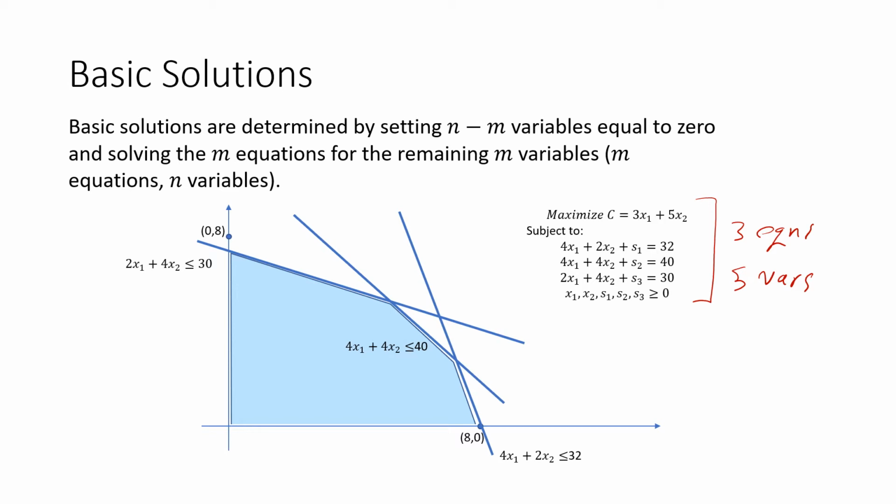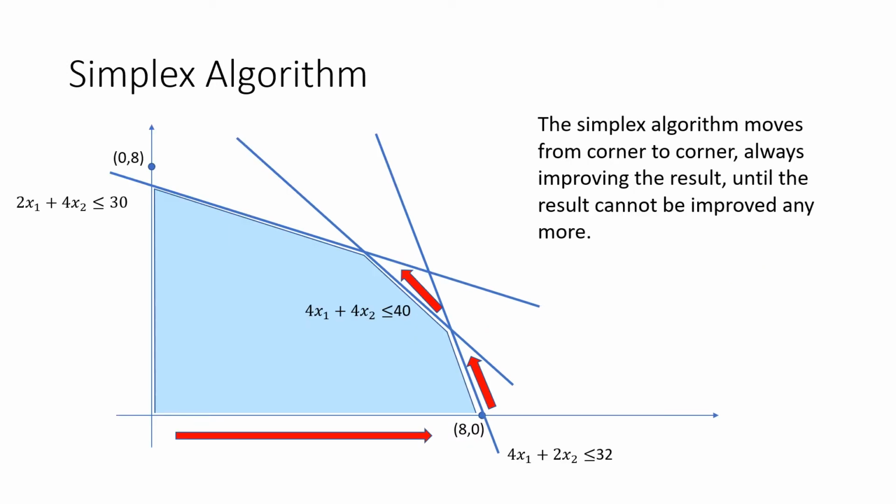The simplex method is simply solving systems of linear equations over and over again until we find the best solution. The trick is we're going to be smart about how we choose the corners. Think about your graphical solution. One way of doing this would be to start at the origin, (0, 0), or any feasible point, at any basic point.